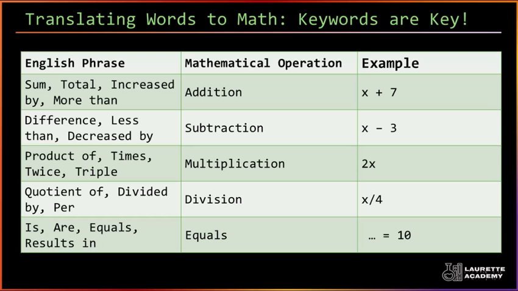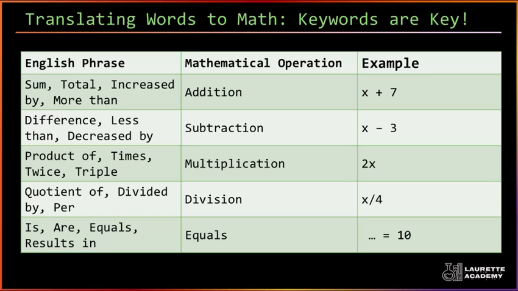Phrases like sum, total, increased by, or more than almost always mean addition. So, a number increased by 7 becomes x plus 7. Words like difference, less than, or decreased by point to subtraction. The difference between x and 3 could be x minus 3.